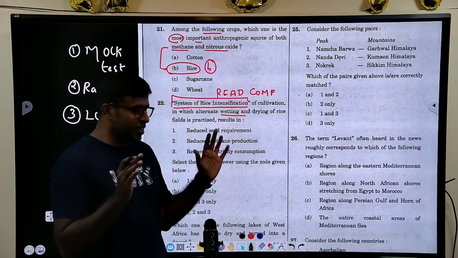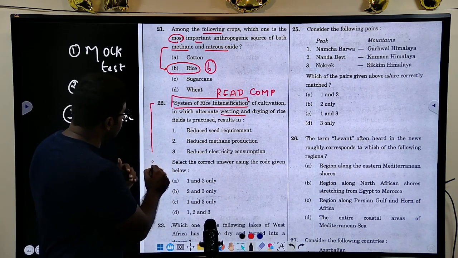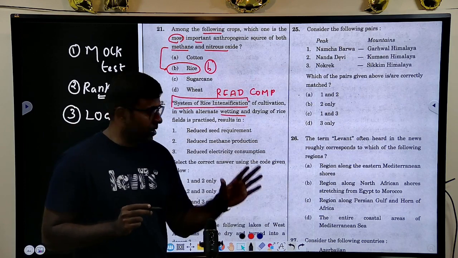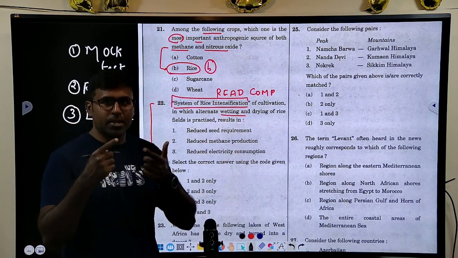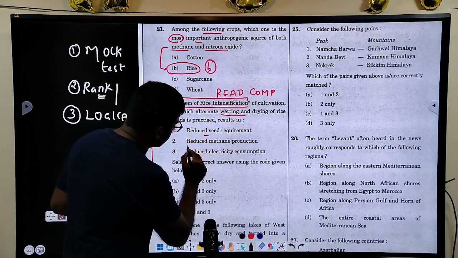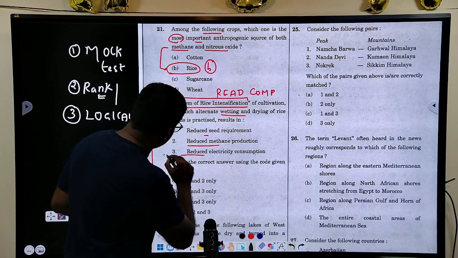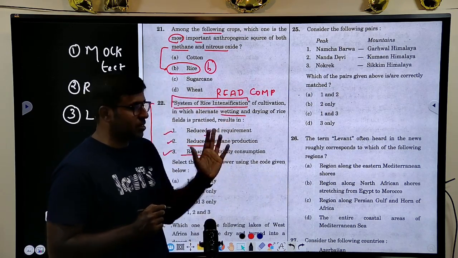If this is a rice intensification system, it should have a particular set of qualities: reduced seed requirement, definitely reduced methane, reduced electricity. All these things would be part of this system.